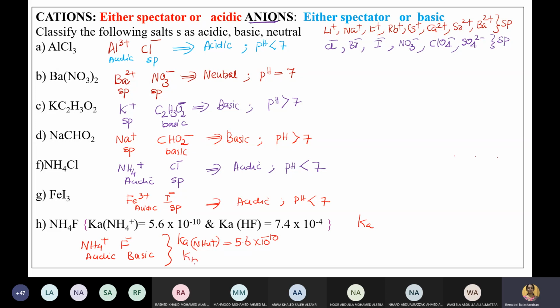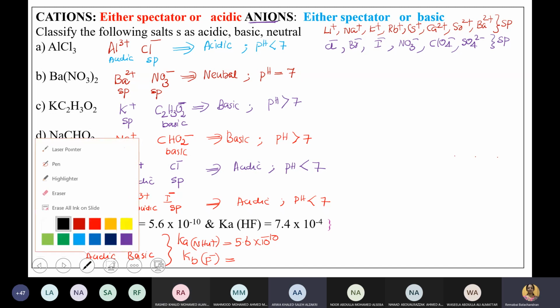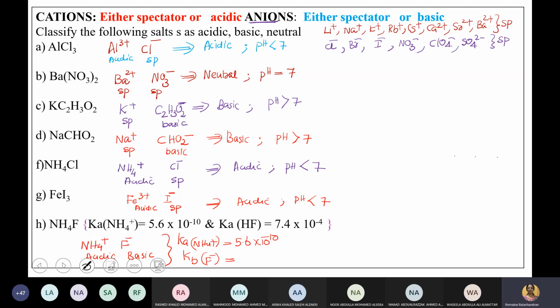Now, we need Kb of F minus. Do you have the value of Kb of F minus? No, instead we have Ka of HF. From Ka, how do you find Kb? 10 to the power minus 14 over Ka.